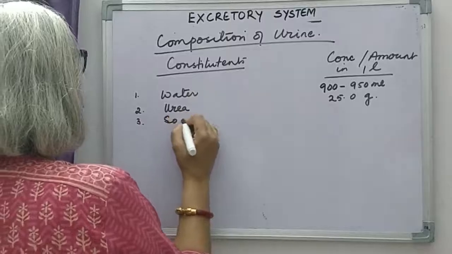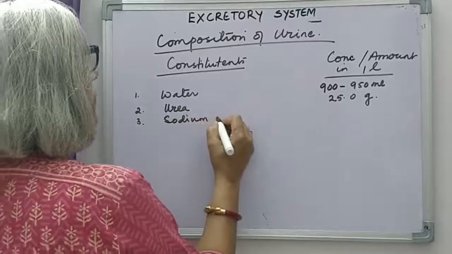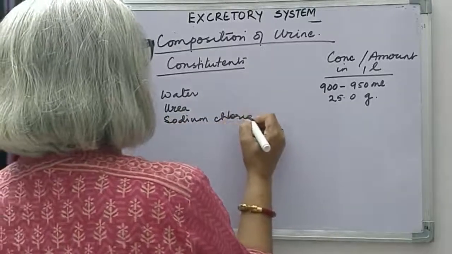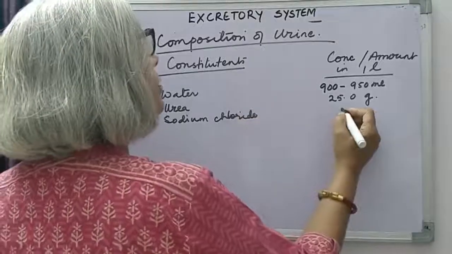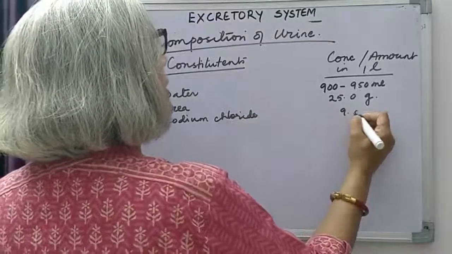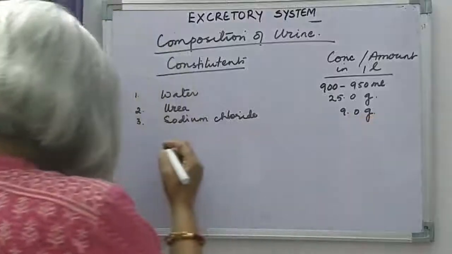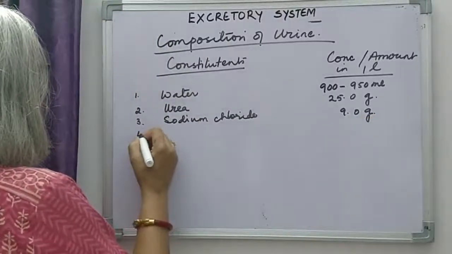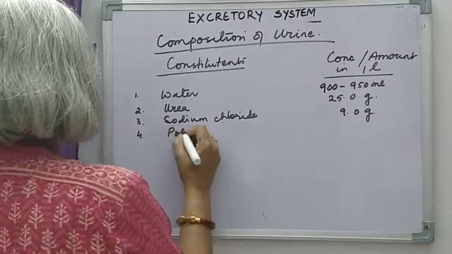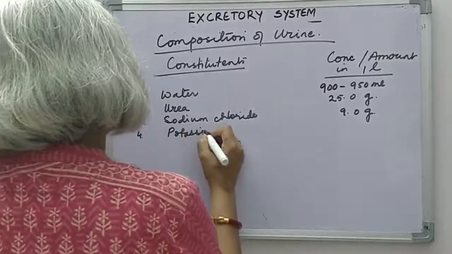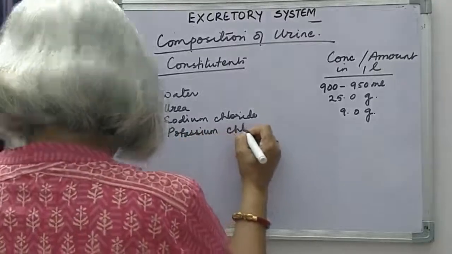Then the next constituent, sodium chloride. Sodium chloride is about 9 grams per liter. Then potassium chloride.